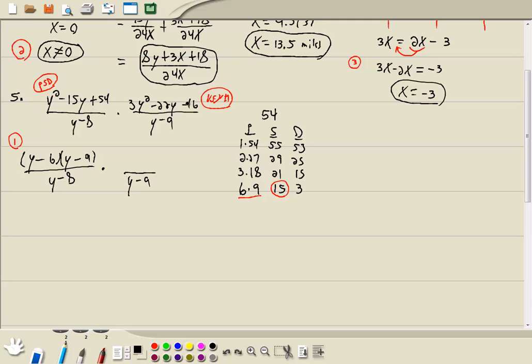And let's take a look at this one. We got 3y squared minus 22y minus 16. Key number, we take the number at the beginning times the number at the end, ignoring signs. So we got 3 times 16, which gives us 48.